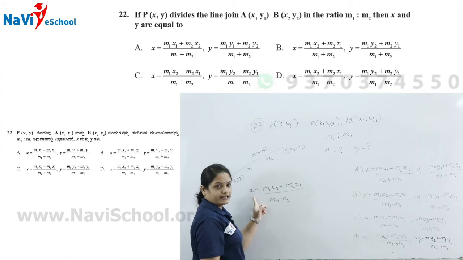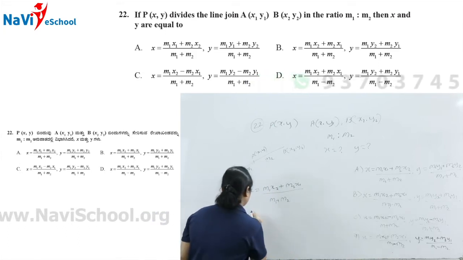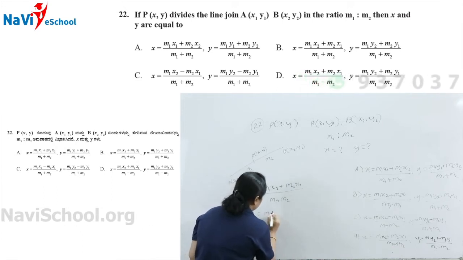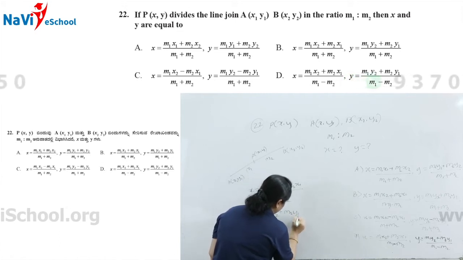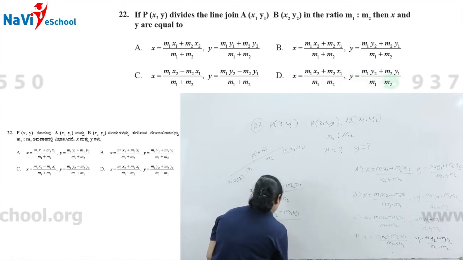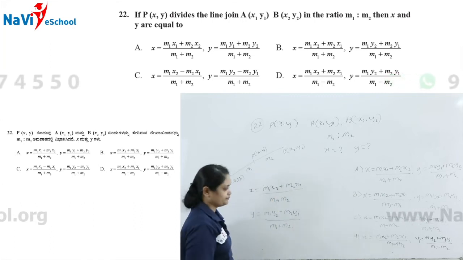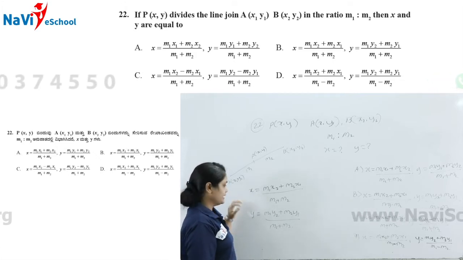This is for x. And next, what about y? You can write here: it will be m1 y2 plus m2 y1 whole divided by m1 plus m2. This is our formula to find out the values of x and y.